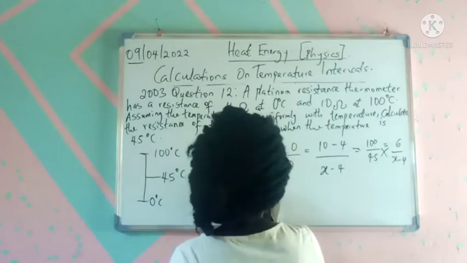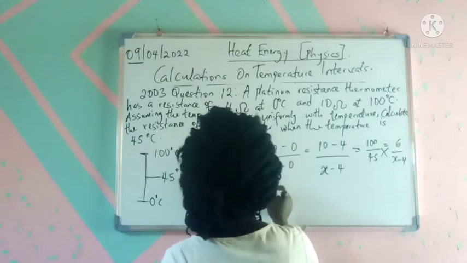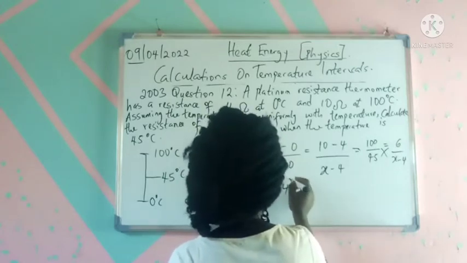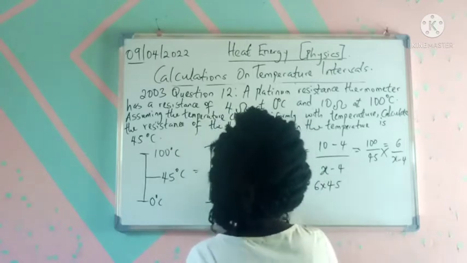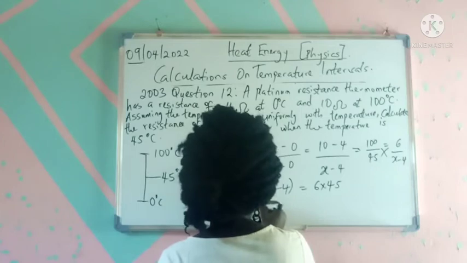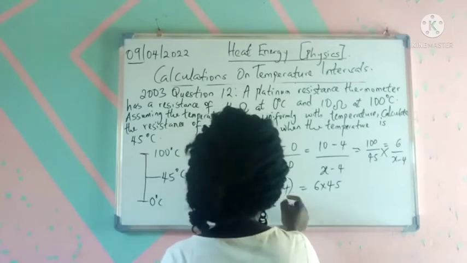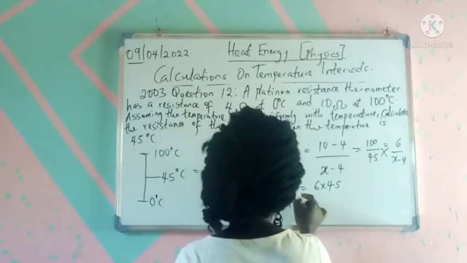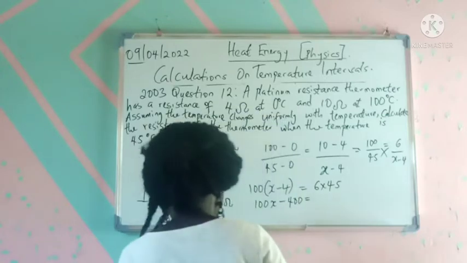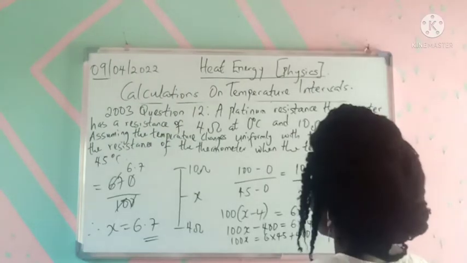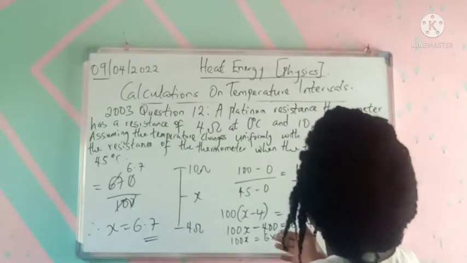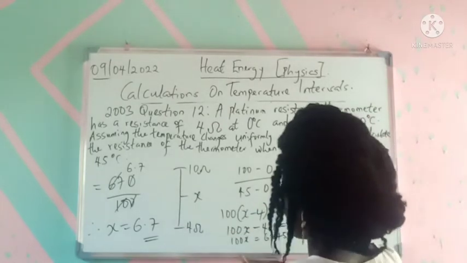So 100 into x minus 4 should be equal to 6 times 45. If I open up this bracket, this becomes 100x minus 400 equals 6 times 45. We simply had to bring out our diagram from our question.